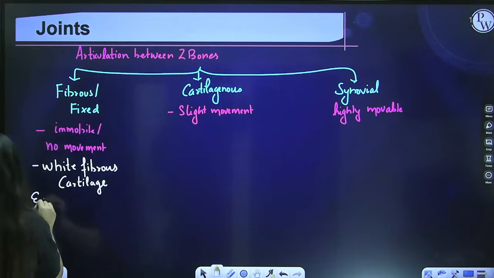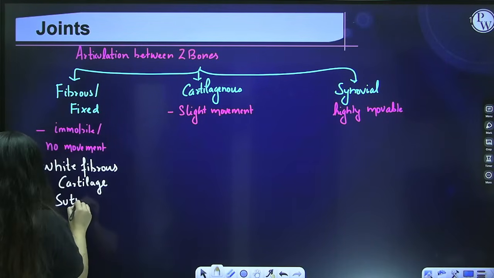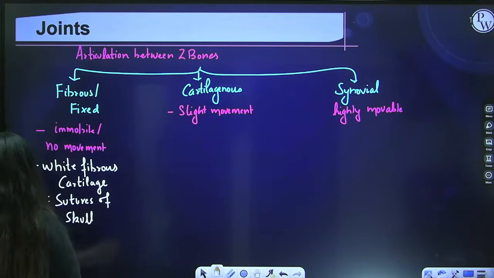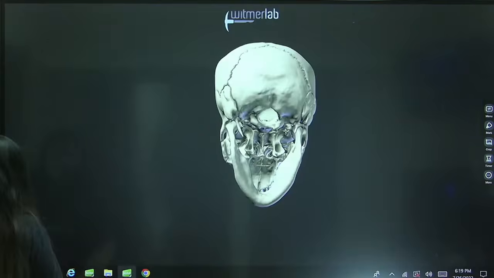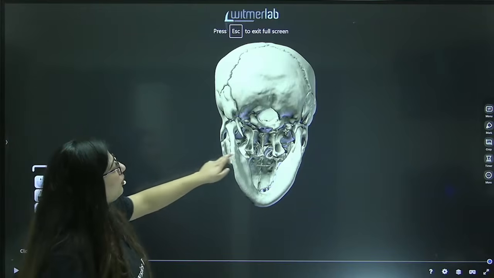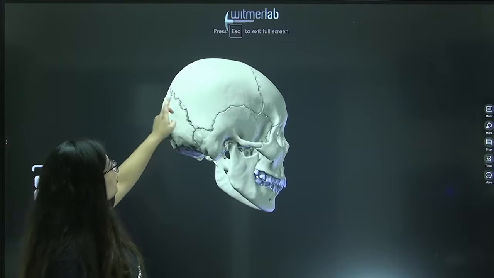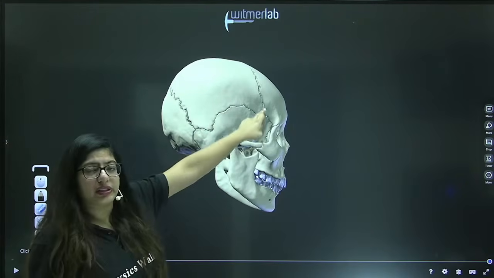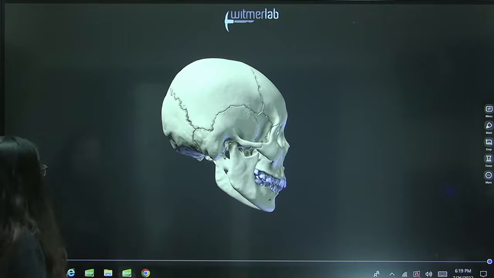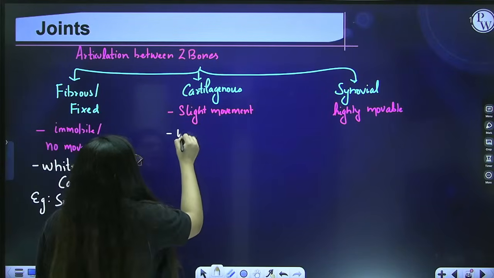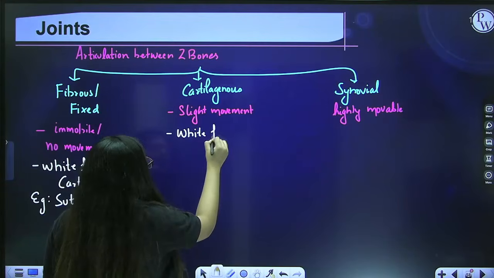The example is sutures of skull. All right, let me show you. So this is a diagram. Here you can see these lines where two bones are joining. These are sutures. These are what? Sutures.